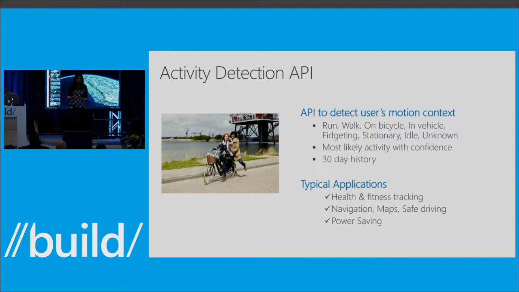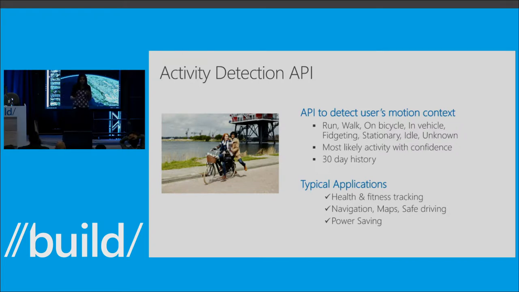Typical applications for activity detection are health and fitness tracking. Of course, knowing what the user is doing, like biking, there is a lot of application in health and fitness. Another one is navigation, maps, and safe driving. When you're in a car, you can tailor the user experience, for example by not routing your text calls to the phone.